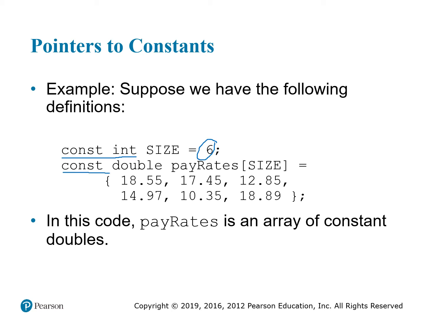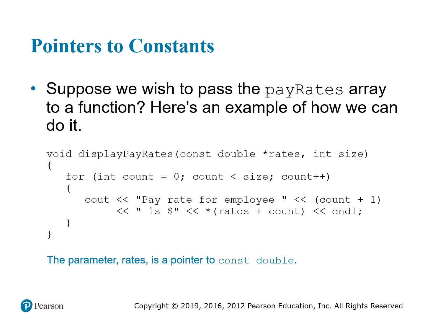But if you make a const double array, that means that each of these pay rates is also a constant and they can't be changed in the program. Well, the same idea works for pointers. You can have a const double star rates, which means that you now can't change the value that rates points to in this function.